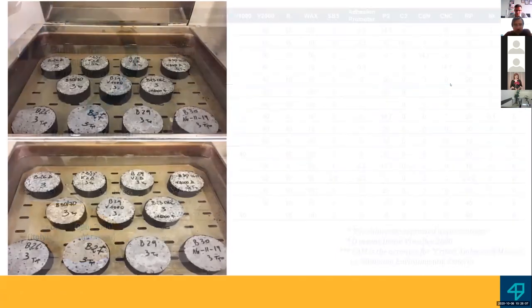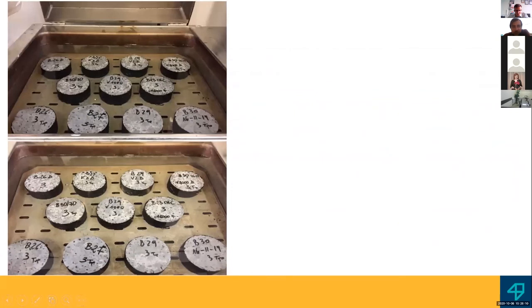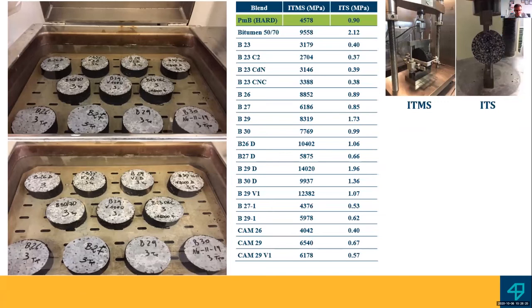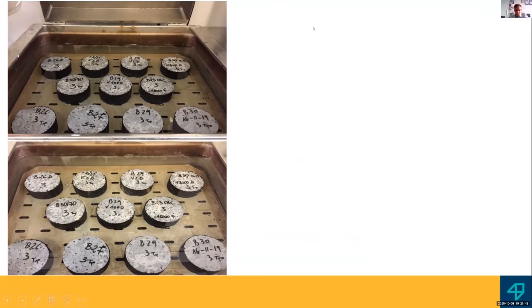These are the conglomerates prepared at the University of Bologna. Here they are thermostated in water for a test. And as you can see here, the main test to discriminate the possibility to use one of these formulations here on the left of the table is the ITS modulus and ITSM modulus.